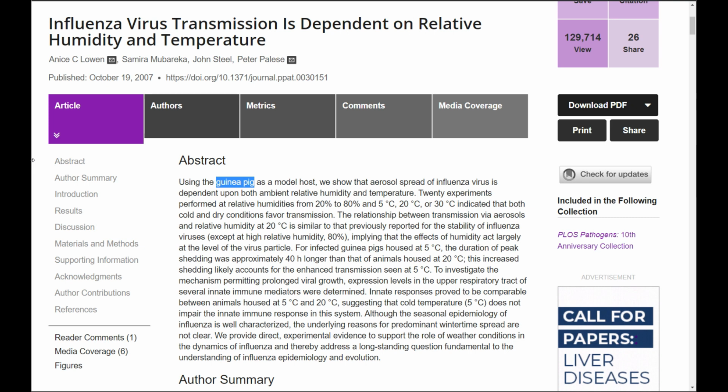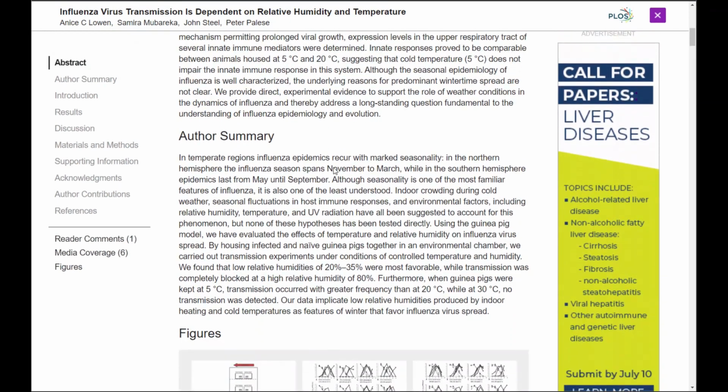An interesting study was done on guinea pigs, looking at humidity and temperature to see how an influenza virus was spread under various conditions. They found that higher humidity prevented the spread of the virus, blocking it completely at a humidity of 80%.